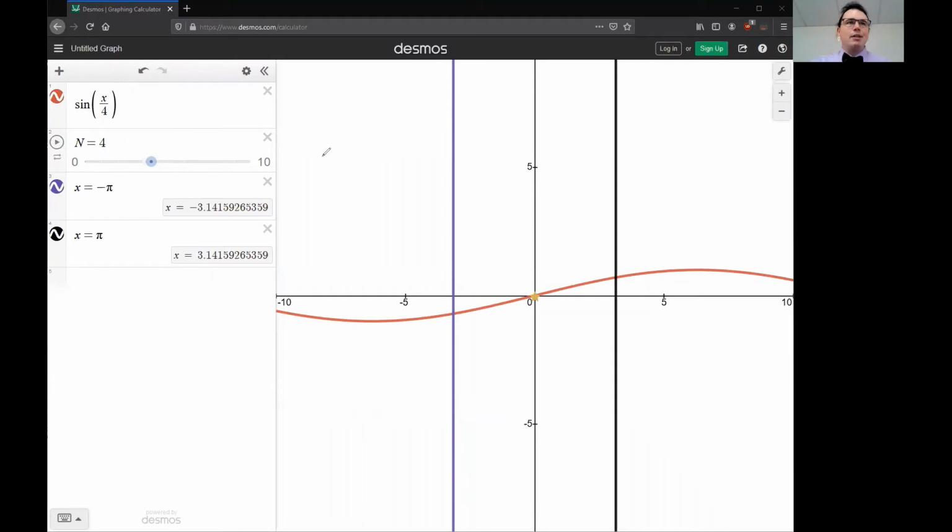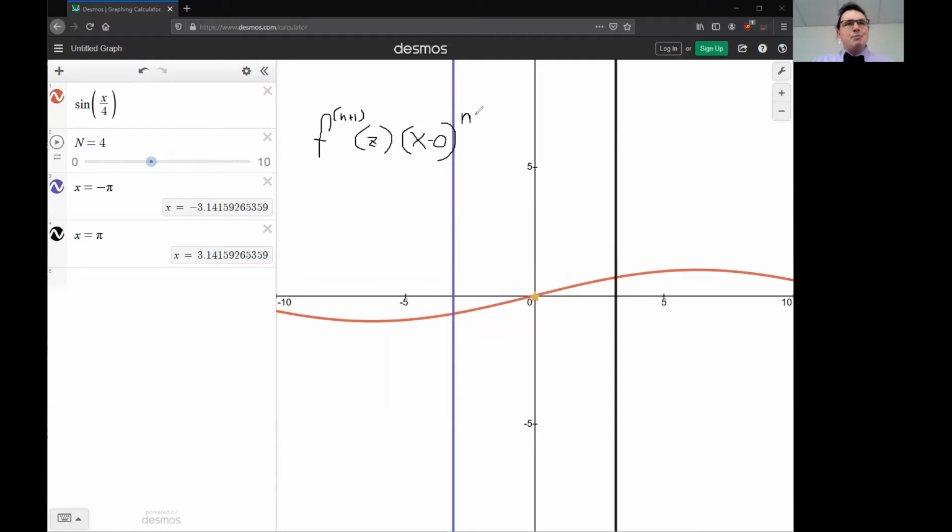Now, my error is going to be determined by the derivative of my function. So I need to know what the n plus 1 derivative of my function is, and I need to evaluate that at z. Now, z is an unknown number. z is some number between x and the center value for this series, which is, again, 0, which does make the Taylor remainder formula a little bit tricky to work with.